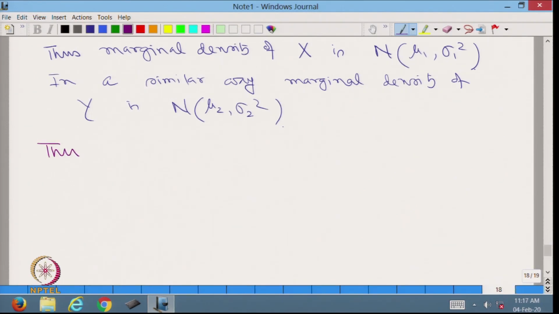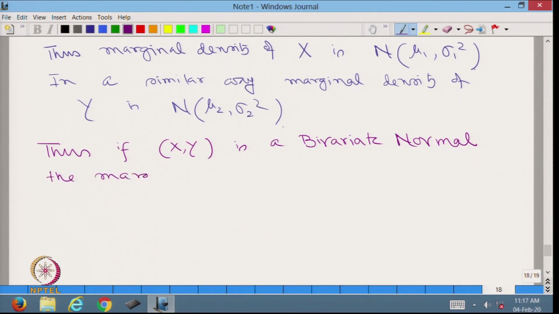Thus, if x y is a bivariate normal, then marginal densities of x and y are normal.